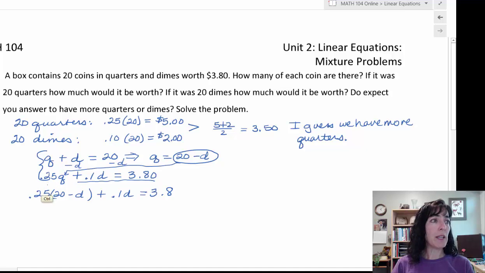Now I can go ahead and distribute that 0.25. 0.25 times 20 we already did up here, and that came to exactly 5. So I can write that, and then I have minus 0.25 D plus 0.1 D equals 3.8.